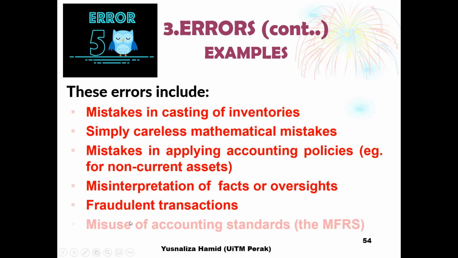Those are fraudulent transactions. Misuse of accounting standards, where you misuse the accounting standards. Let's say MFRS 138 on intangible assets is being misused to justify the capitalization of development costs in the case of research and development.